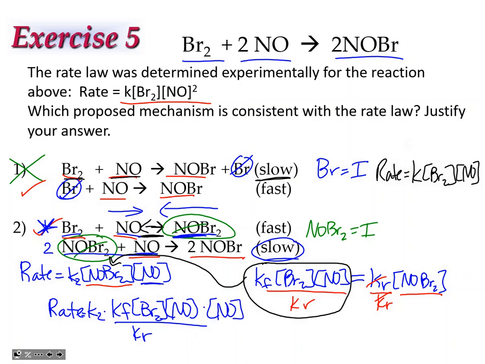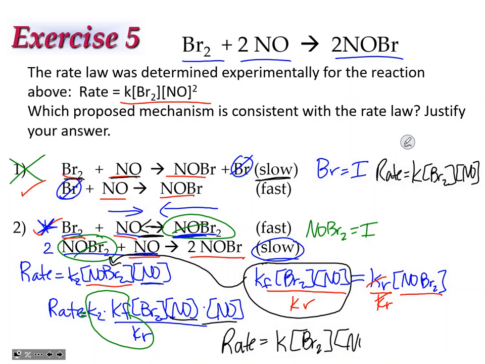And remember, this whole section just changes over into the new k, and we get the rate equals k times the bromine, first order, which works. And then since now there's two NOs, that one agrees experimentally with the rate law.